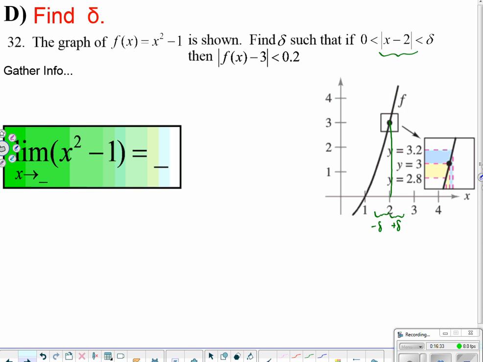Then I can get in a certain range where I can expect my output to be between 3.2 and 2.8, because my epsilon tolerance is going to be 0.2.